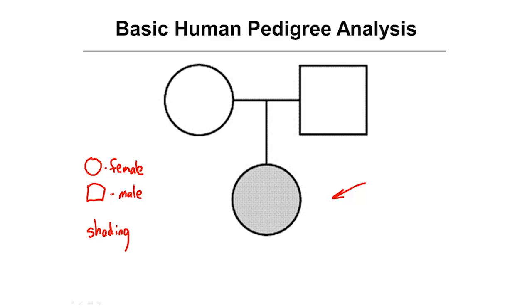So in this case, shading means affected by the disease. It doesn't have to be cystic fibrosis; it could be anything. But what we're saying here is that the two parents were not affected by the disease, and the child, who happens to be a girl in this case, was affected by the disease.